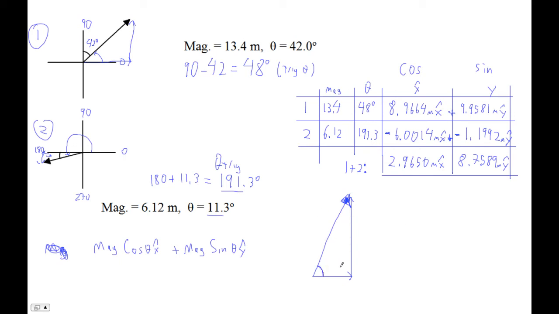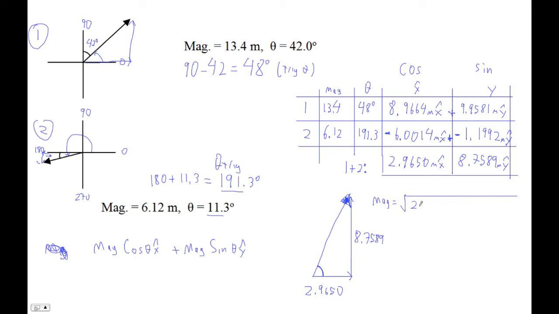Okay, and let's find that angle just for kicks. We've got to find the magnitude, right? So this is 2.9650, and this is 8.7589. My magnitude is the square root of those two squared and added, right?